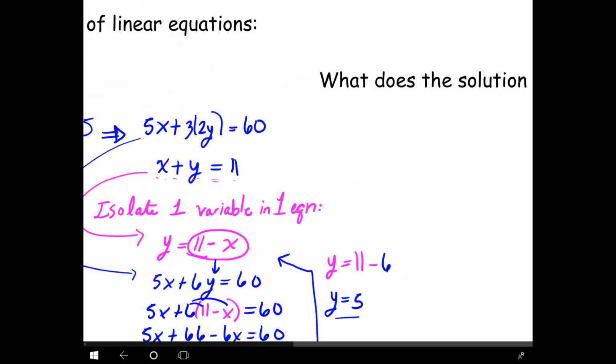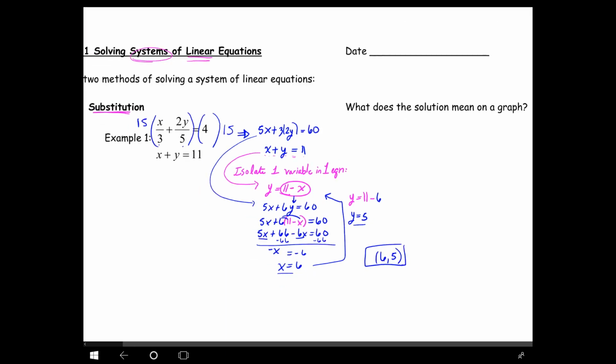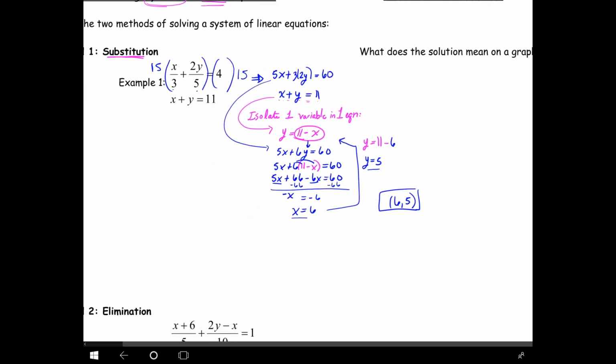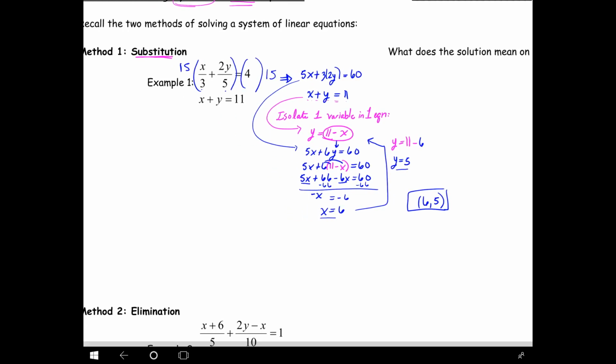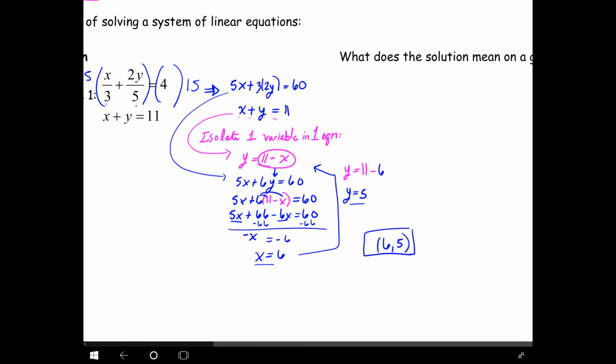But if I was to look at this graphically, what does this mean since I have two answers, not just one? That means that if I solved each of these equations for y and graphed their corresponding graphs, I need that equation. So if I solve the first equation for y, that was 5x plus 6y equals 60.